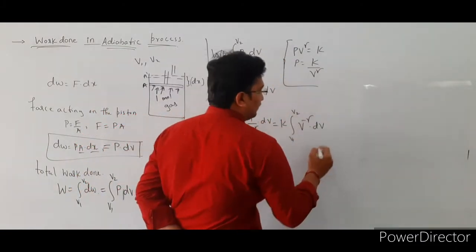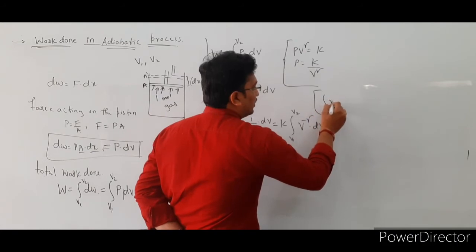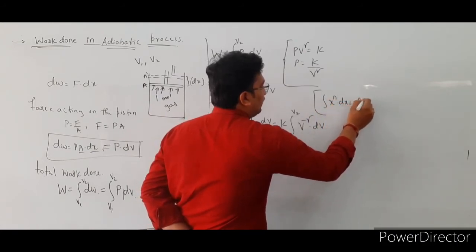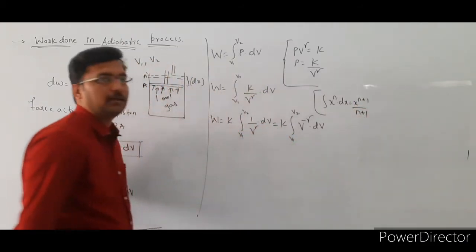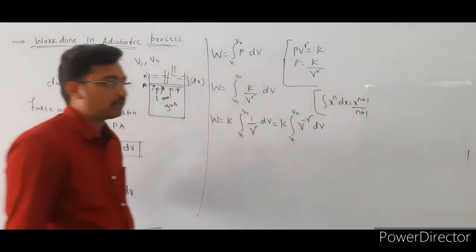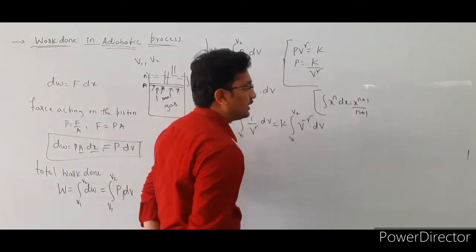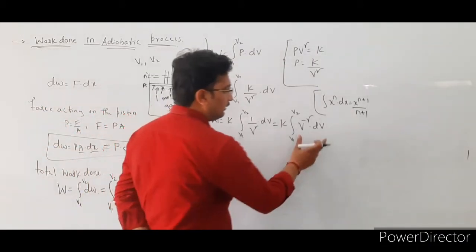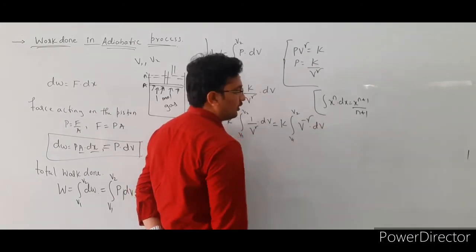Next, the standard formula: integration of x to the power of n with respect to dx is x to the power of n plus 1 divided by n plus 1. Compare this with the standard formula.